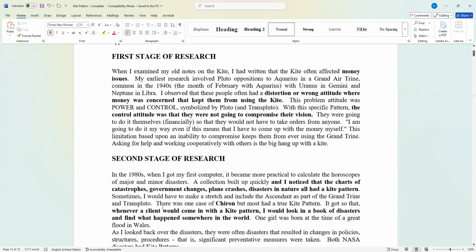So the first step, when people write to me, because on my website I often get, and I just got about 15 minutes ago, somebody wrote about her kite pattern in her chart. I haven't had a chance to answer it yet. When they send me a chart, I always look at the four elements. If it's fire, it's the ability to motivate and inspire other people. They have a vision. Earth signs are kind of builders, practical, organizational people.